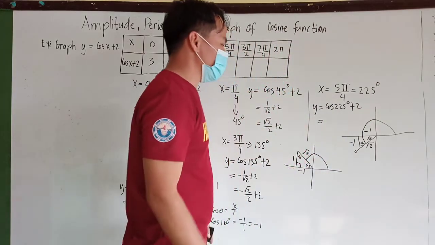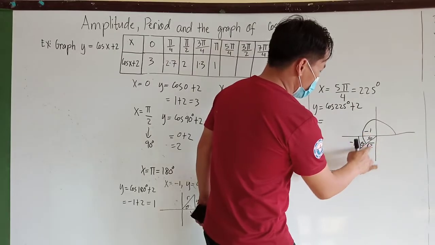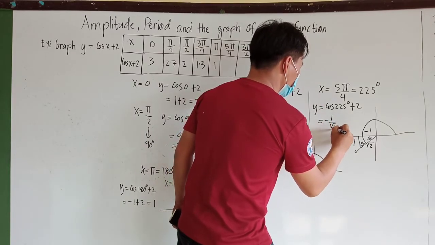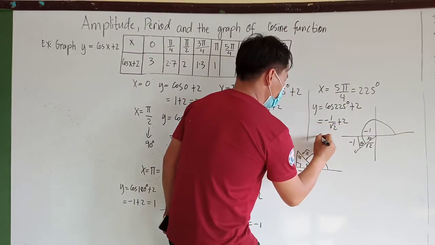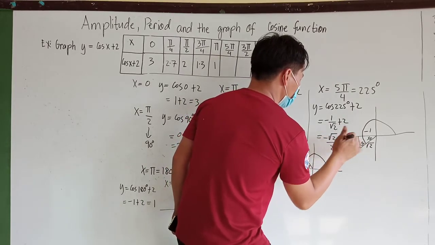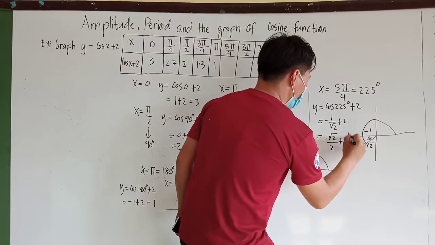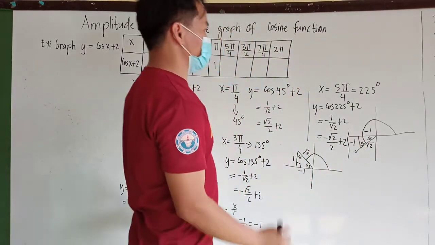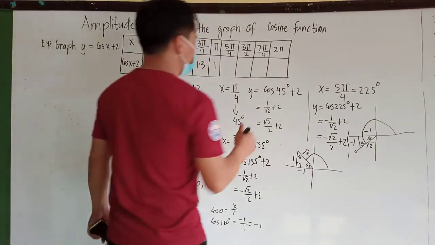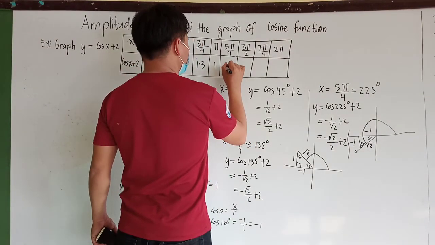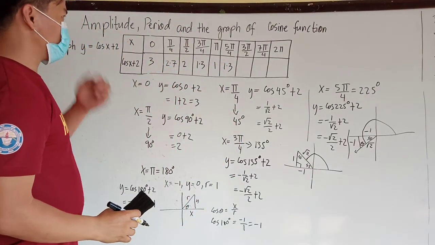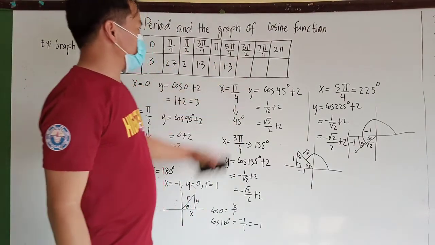Cos of 225 is adjacent over hypotenuse, negative 1 over square root of 2 plus 2, or negative square root of 2 over 2 plus 2. For 5π/4, we have the value of 1.3. Okay?